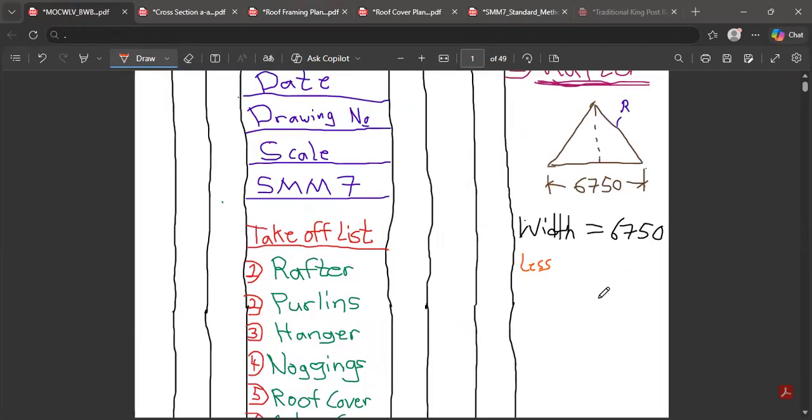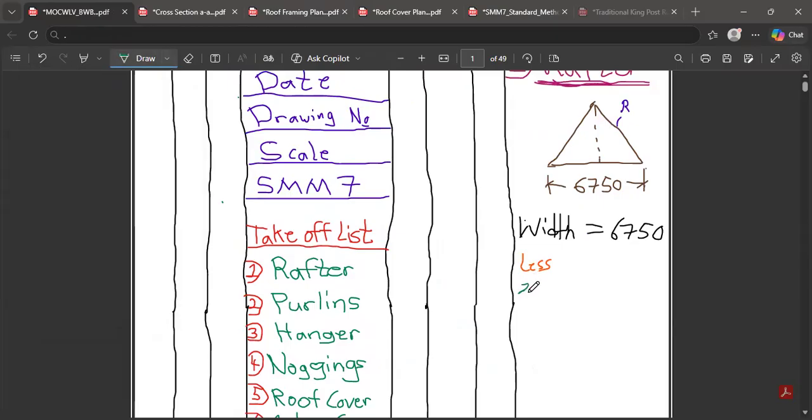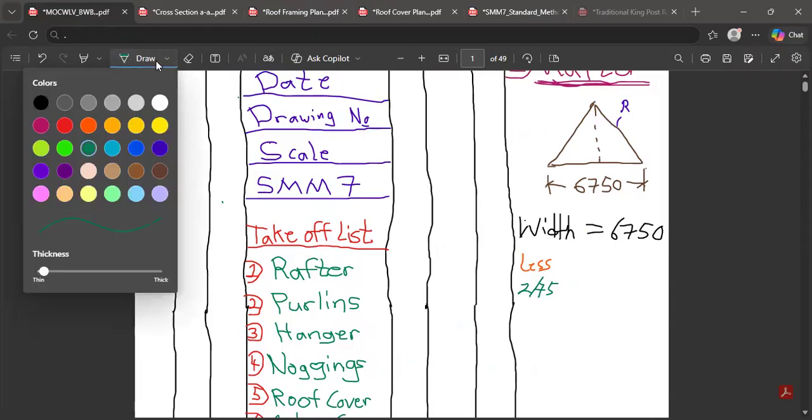So let's deduct that, and it's going to be just 2 times 75. This is what I'm doing over here. So look, 2 times 75. Quickly punch that and tell me the answer. What is that going to give us? 150.